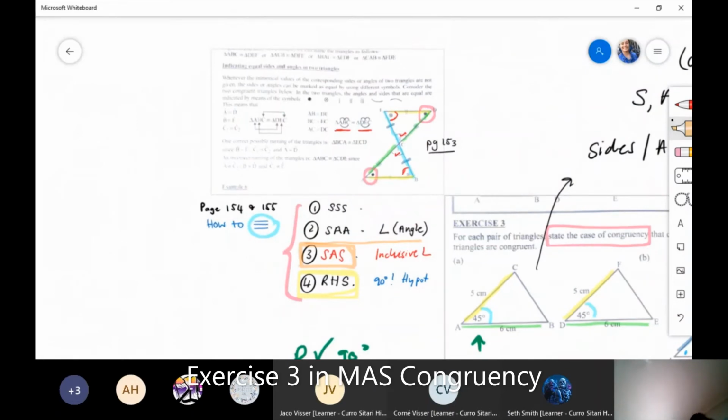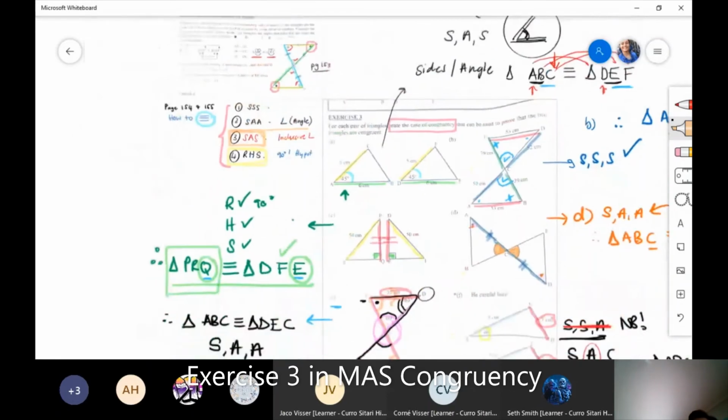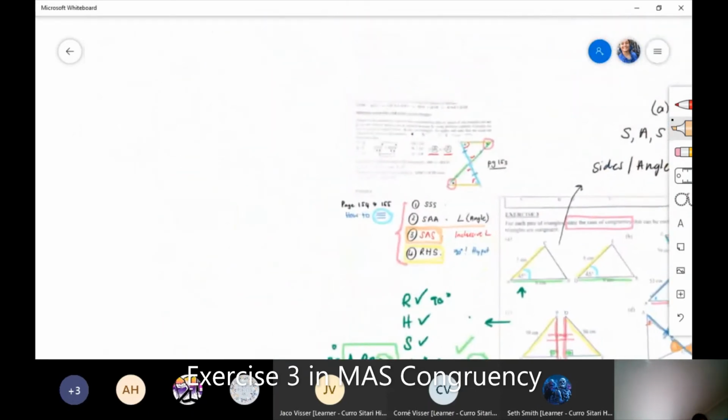Okay, now you will see the rest of page 155, basically just taking you through triangles, example 7, and showing you how you have corresponding sides and angles. Those have all been indicated in words and letters, okay? But if we look at something like we have on page 156, then we've now already covered that.